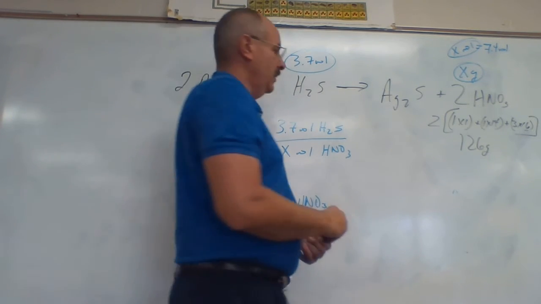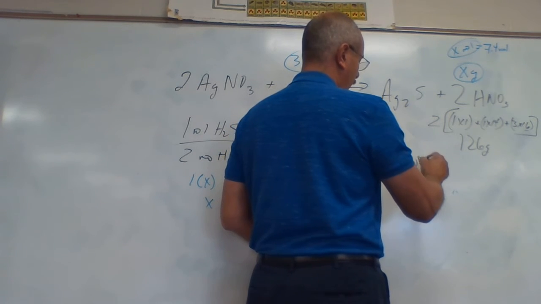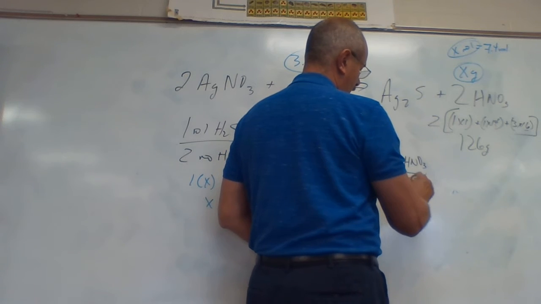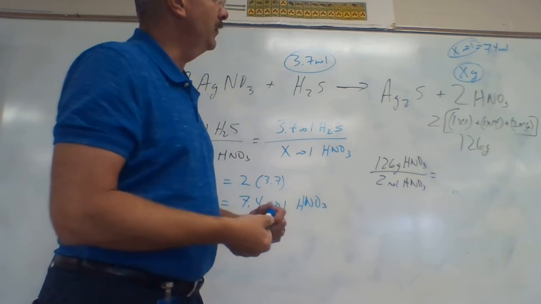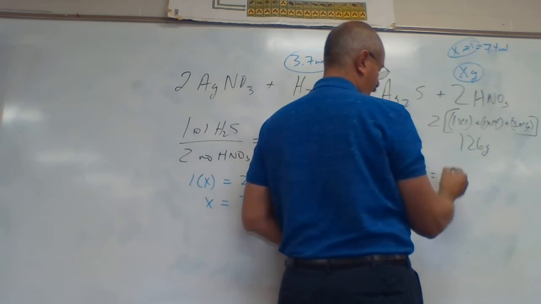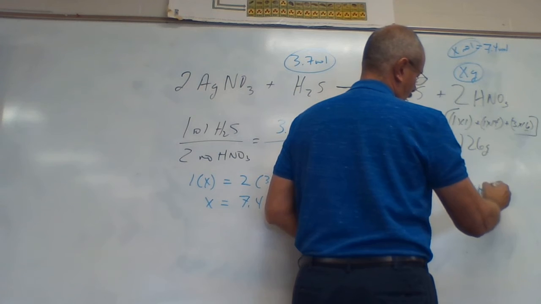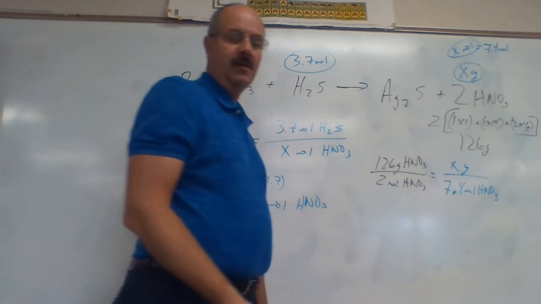So I am going to take 126 grams of HNO3 per the number that's out in front, which is 2 moles of HNO3, equals, I don't have 2 moles, I have 7.4. We're going to find X grams.